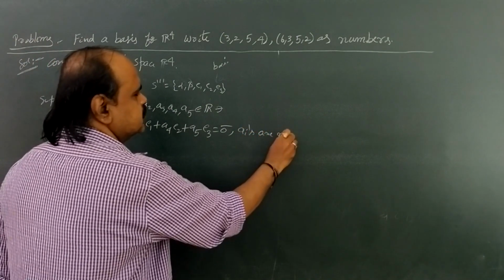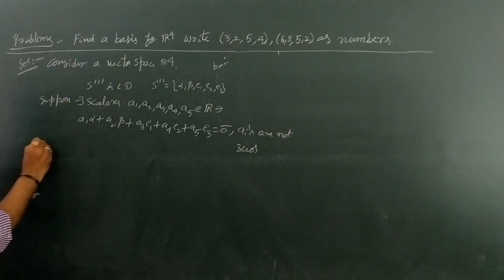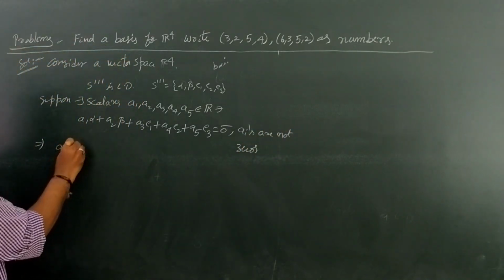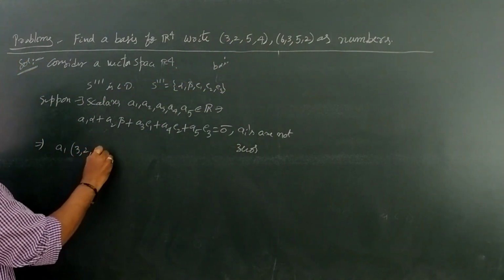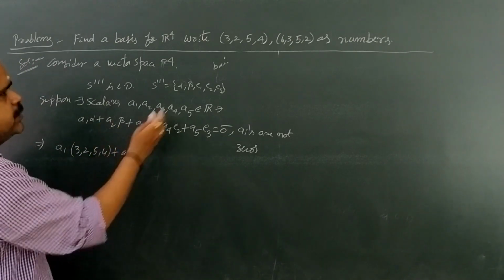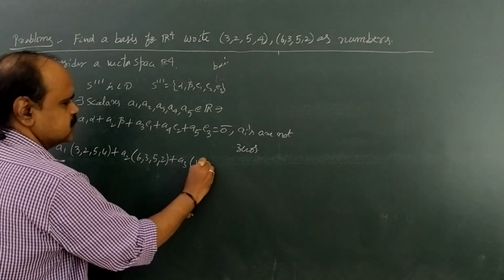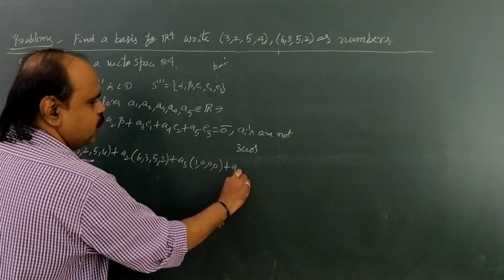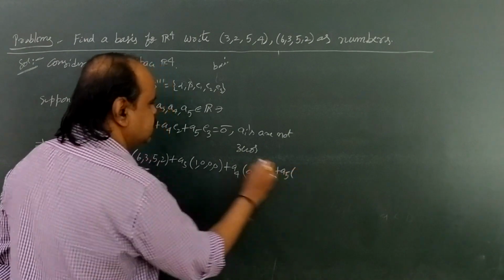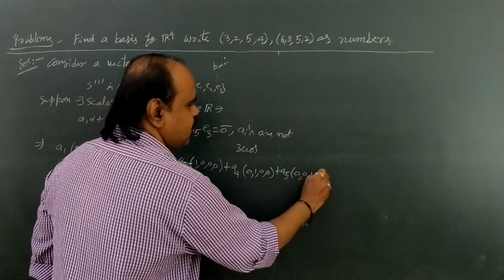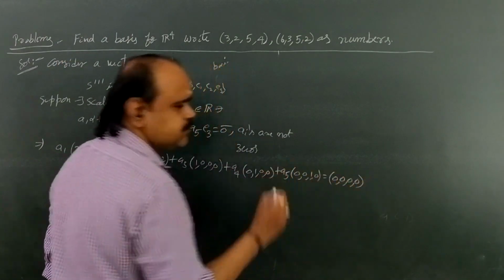So that implies, just simplify, a1 into alpha means 3, 2, 5, 4 plus a2 into beta means 6, 3, 5, 2 plus a3 into e1 means 1, 0, 0, 0 plus a4 into e2 means 0, 1, 0, 0 plus a5 into e3 means 0, 0, 1, 0 equal to, here 0 bar means 0, 0, 0 and 0.